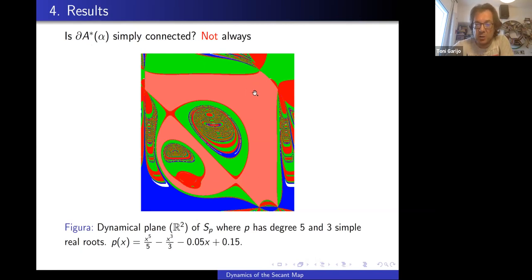This is basically because in the reals, we don't have the maximum modulus principle, so it's possible that a curve converges to 0, but the inside goes outside. Here we have a polynomial of degree 5 with 3 simple roots. In pink is the immediate basin of attraction, and we see that it is doubly connected. We have a hole here.